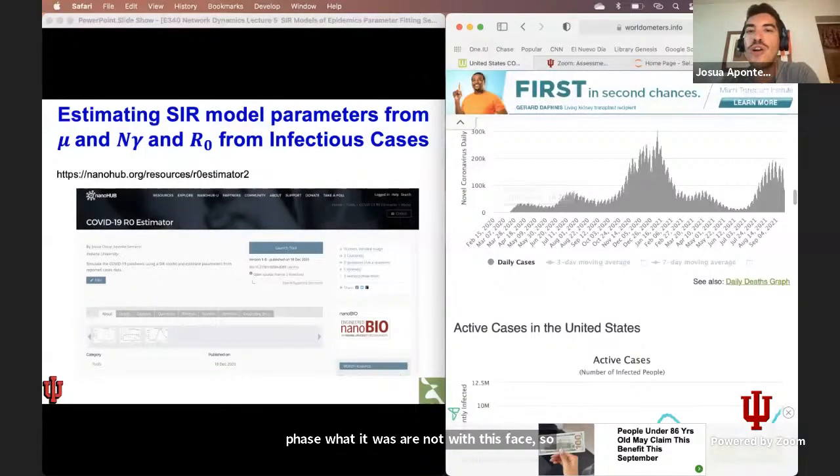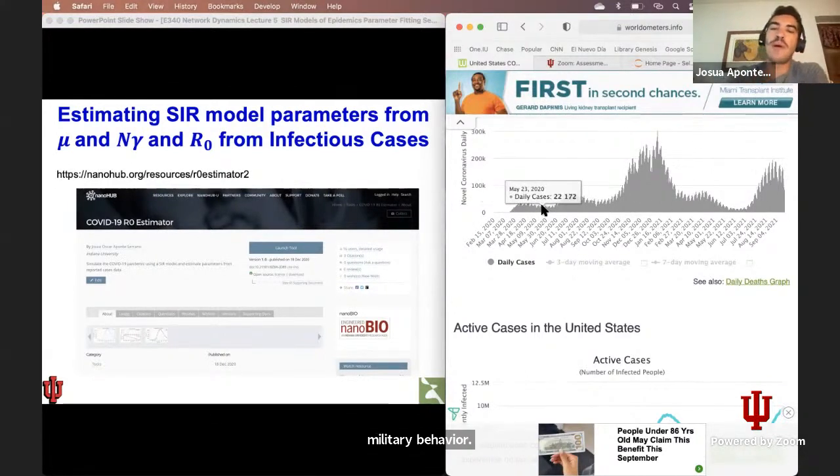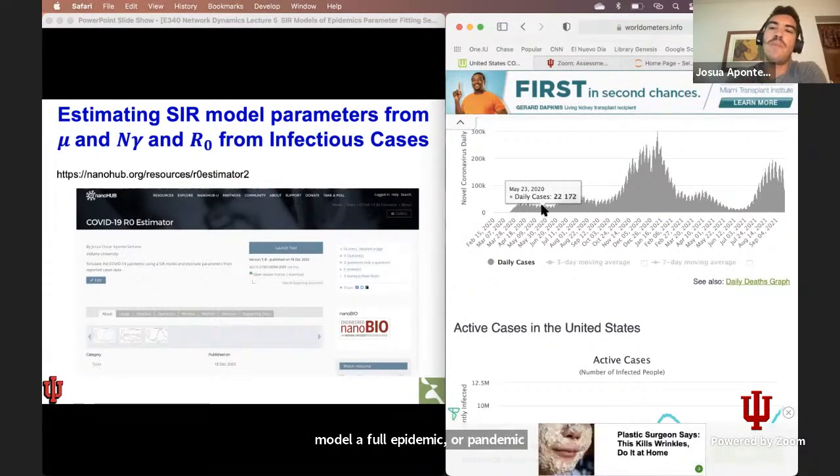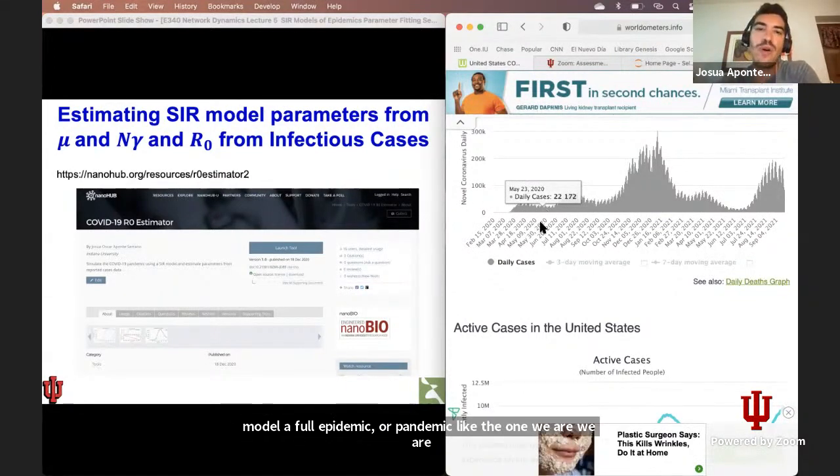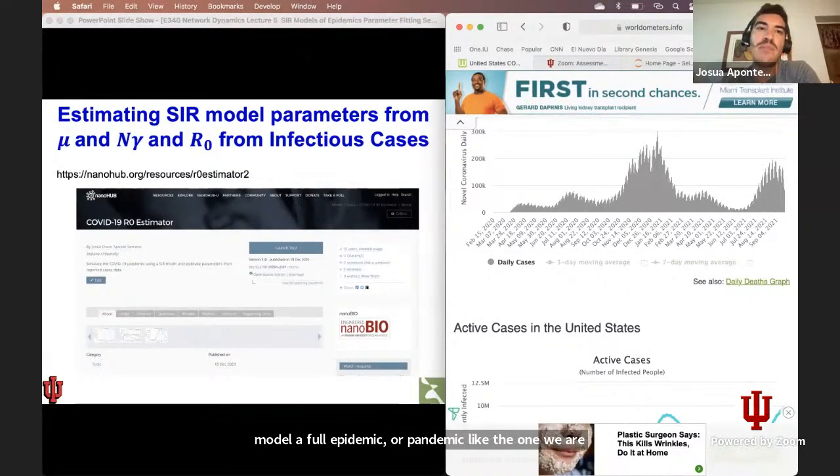It's much harder to use even a model that can give you some oscillatory behavior. It's much harder to model a full pandemic like the one we are experiencing now, just with very simple models, such as the models that we're looking at here.